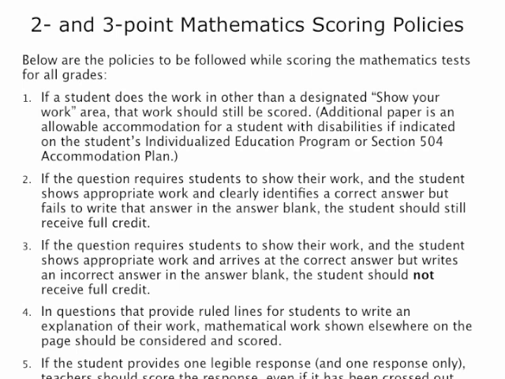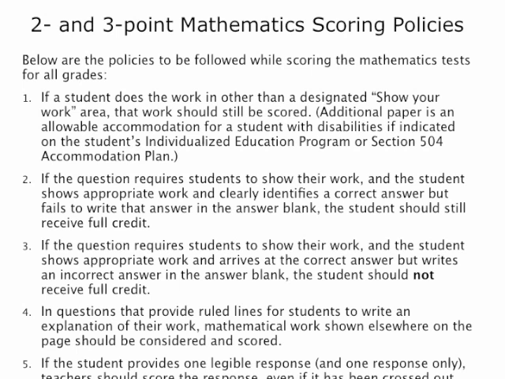Number 3, if the question requires students to show their work and the student shows appropriate work and arrives at the correct answer but writes an incorrect answer in the answer blank, the student should not receive full credit.